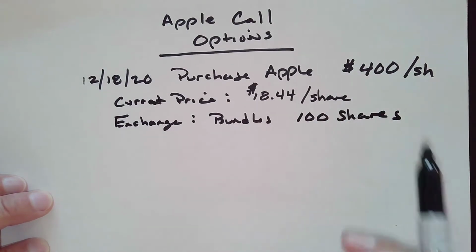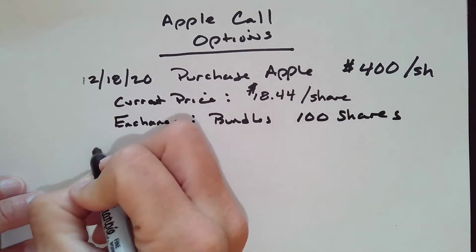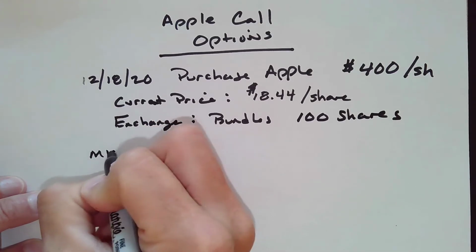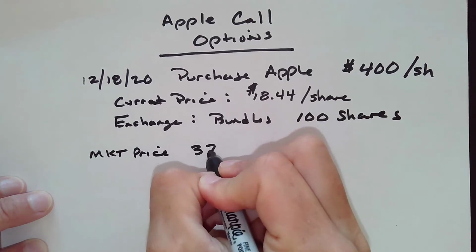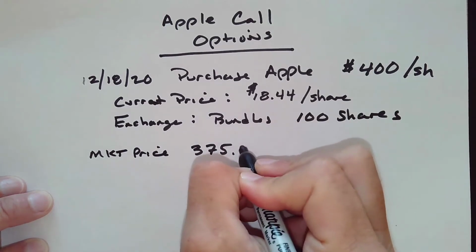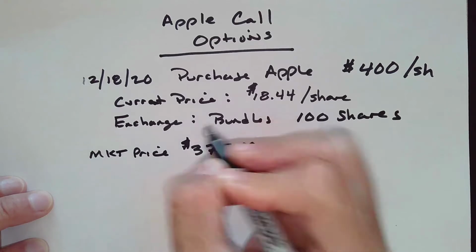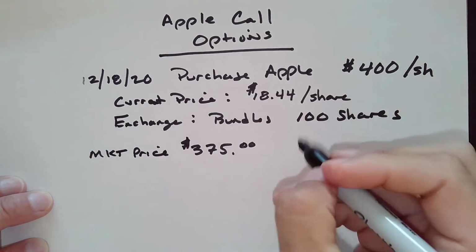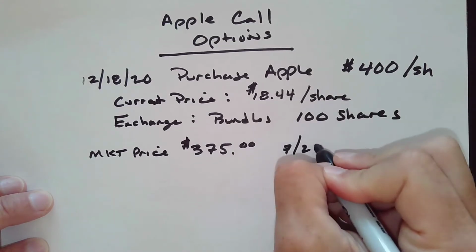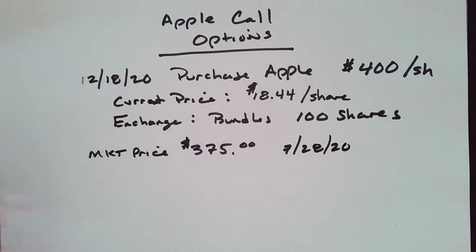Okay? So right now, the stock price for Apple, current market price, is $375 based on when I'm recording this video on July 28th. This is the 7/28/20 price. All right, so this is the detail we have.